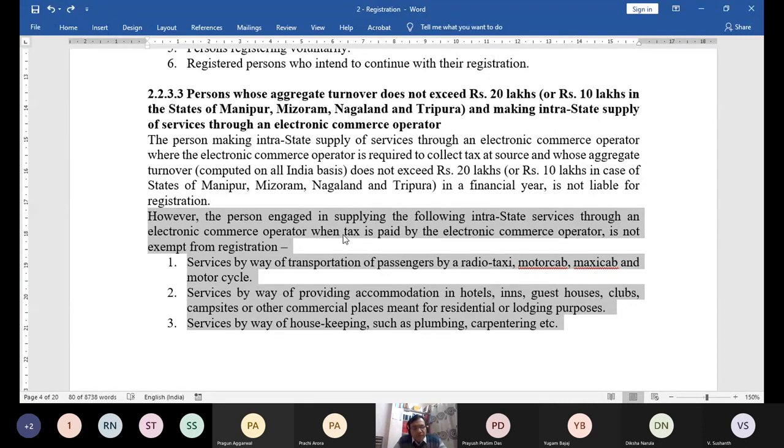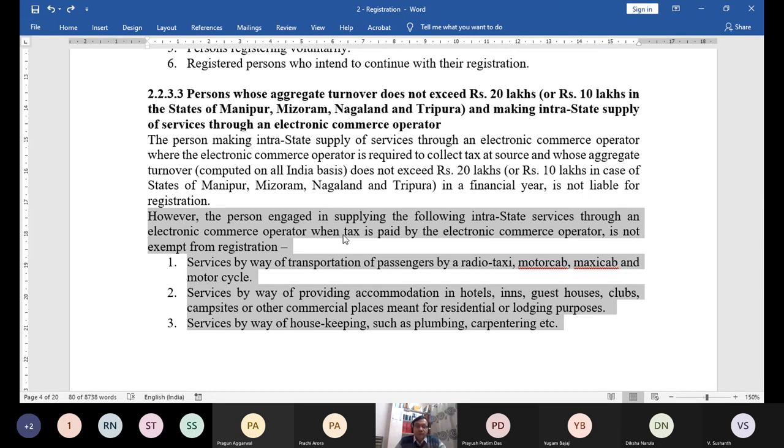I'm using the same language. First, the notification says if you are an intrastate supplier of services through ECOs, and if your aggregate turnover does not exceed those limits, 20 lakh or 10 lakh, then as a supplier you are not supposed to take registration. Why? Because ECO will pay the tax.